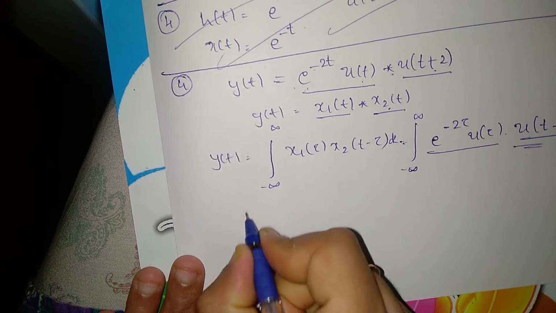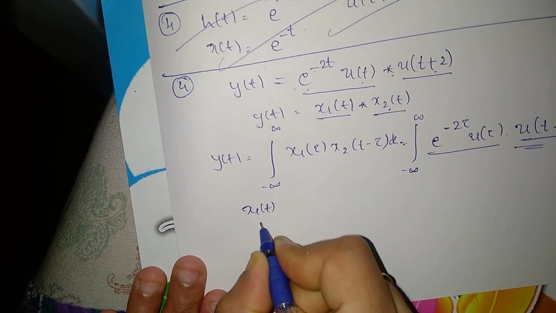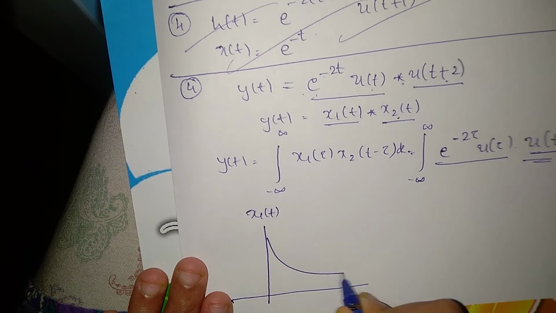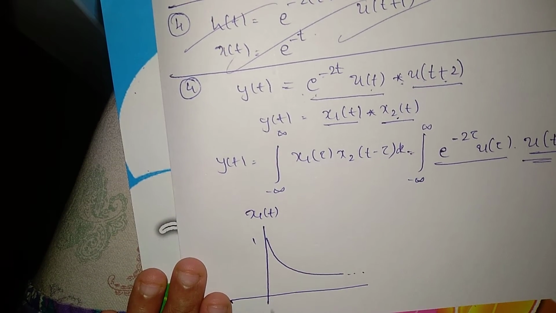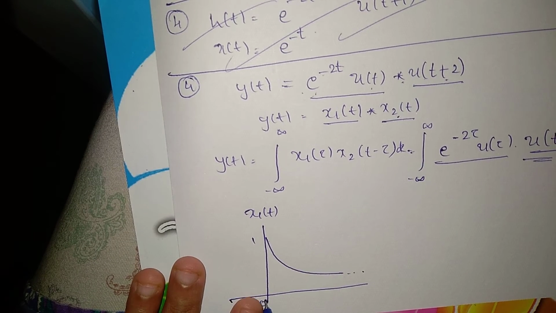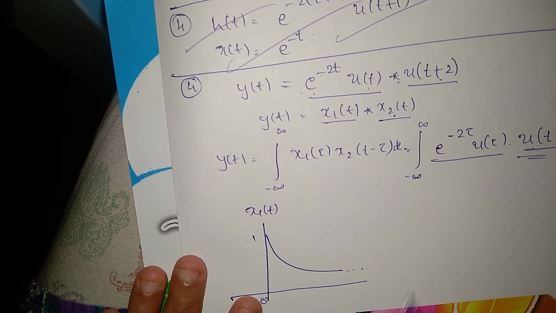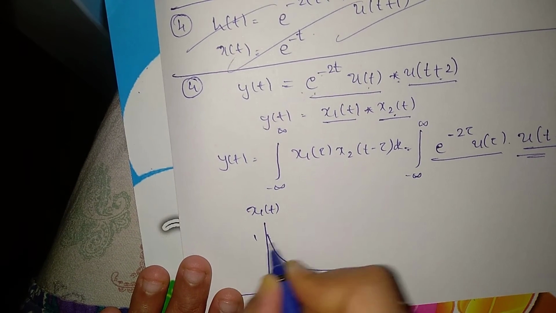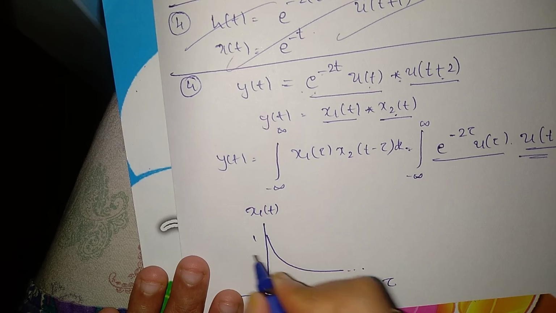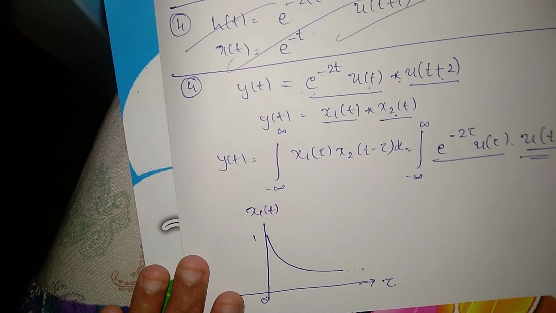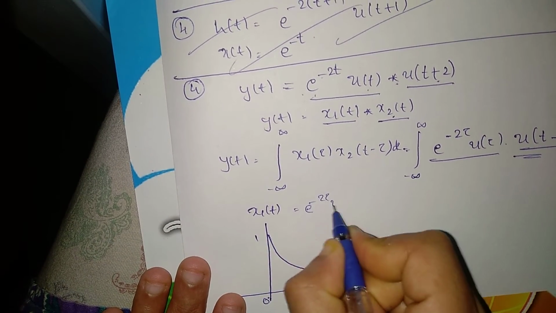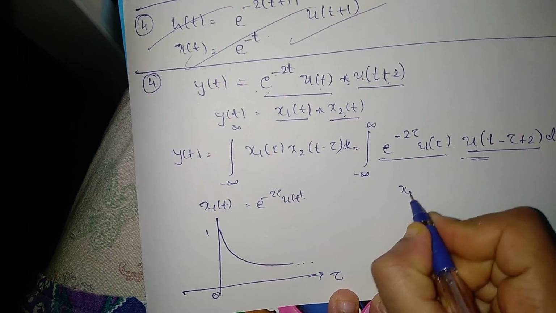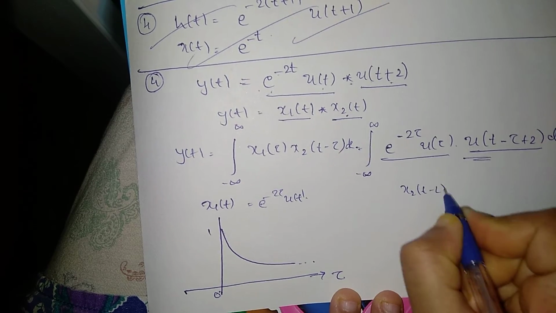Let us plot x1 of t. U of t means it is only between 0 to infinity with an amplitude of 1. So this will be starting with an amplitude 1. This is your e to the power of minus 2 tau into u of tau. How can you write x2 of t minus tau?